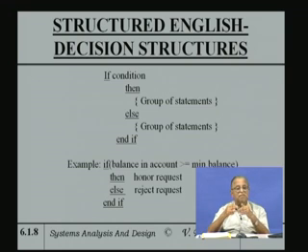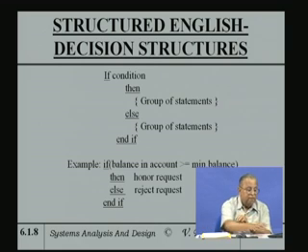In other words, it is a very simple statement. For instance, when you go to take some money from the bank, they look at your balance in the account. If it is greater than or equal to the minimum balance required for that account, then you give the money, otherwise you don't. That effectively is what this says.